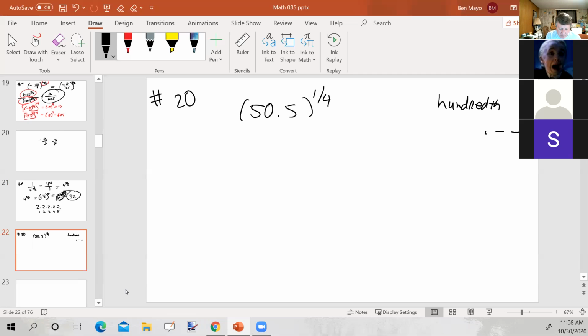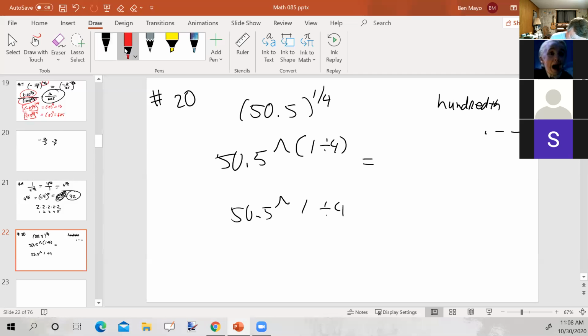Now what we've got to be careful of is when we apply the exponent, we're going to go 50.5 and then our little caret exponent key, then parentheses 1 divided by 4, equals. Because if I don't quantify that, it's going to just take 50.5 to the 1 power, which is 50.5, and then divide it by 4. And we're not dividing that by 4.